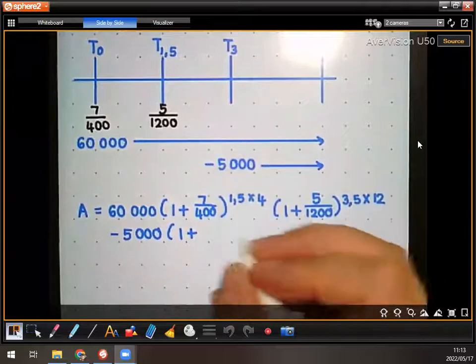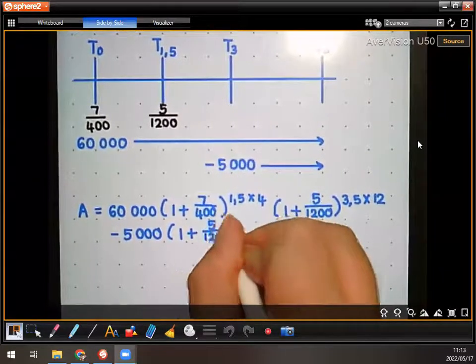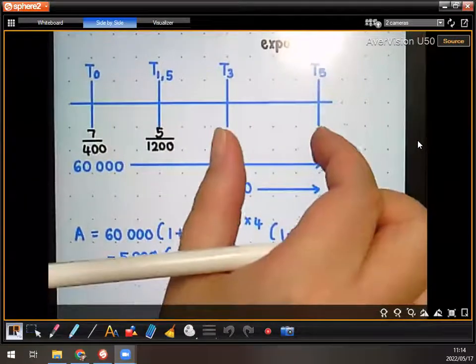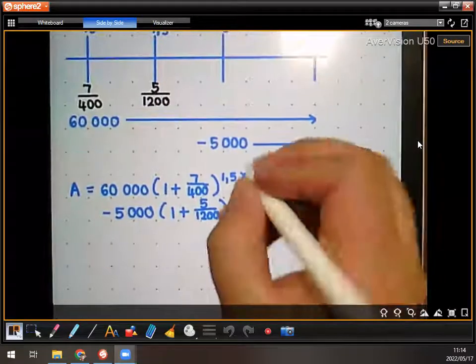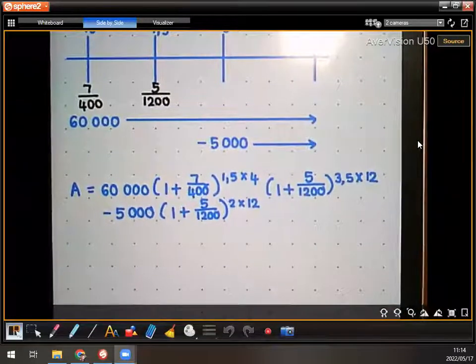We're going to do again 1 plus 5 over 1,200. When did I take it out? It was at T3. So how many years worth of interest must I take away? 2 years. So 2 years times 12 times a year.